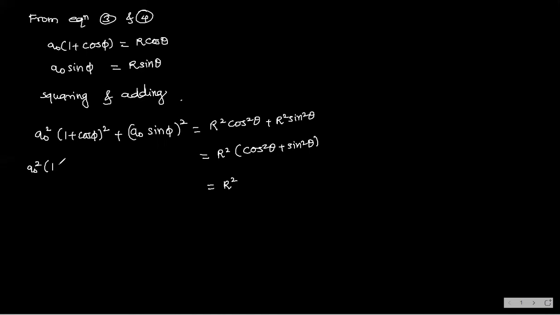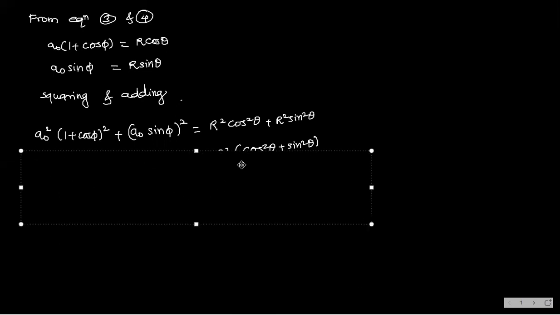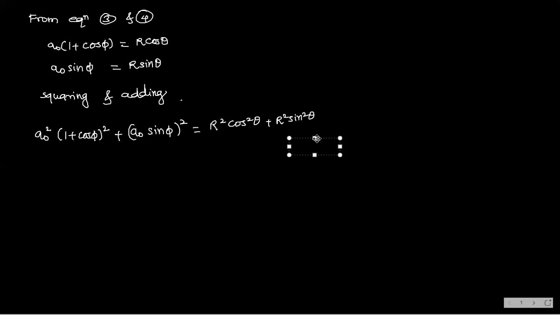So 1 square is 1 only, plus 2 into 1 into cos phi, plus cos square phi. Wait, this space is a little less, so I will erase this step and do it again.